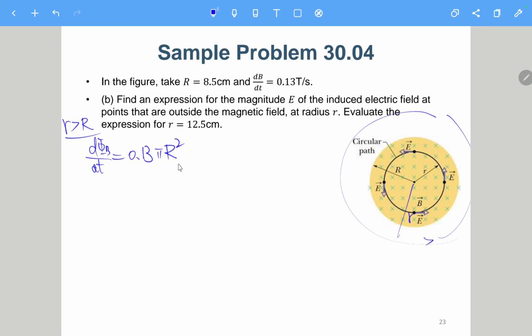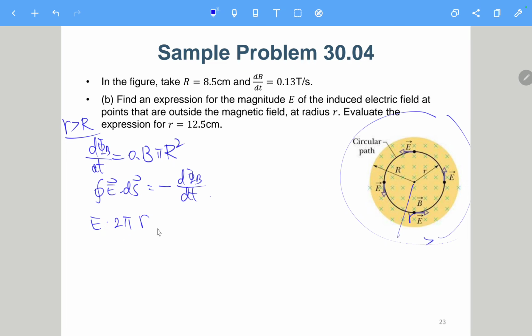So we have capital R here, and similarly we have the integration of E dot ds equals negative d phi B dt. On the left side we have E times 2 pi small r, still small r, because we need to integrate E dot ds over this path.